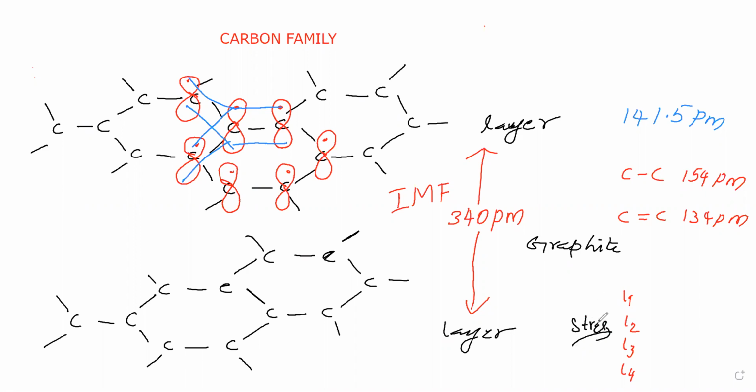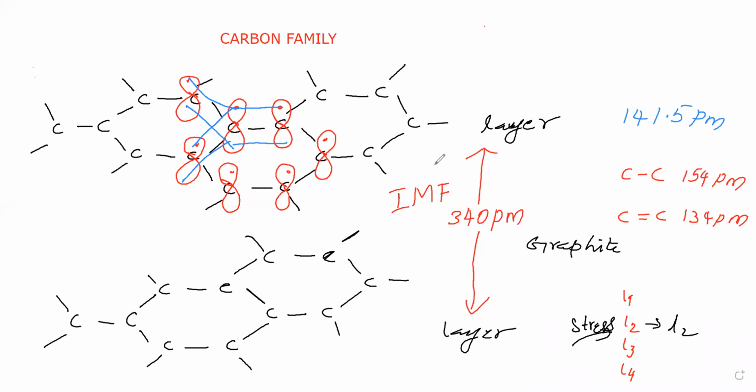the layers will consume the stress by moving one over another. Suppose stress is given here, then this layer 2 moves to this side, so that the stress is consumed. Therefore, it decreases the friction.